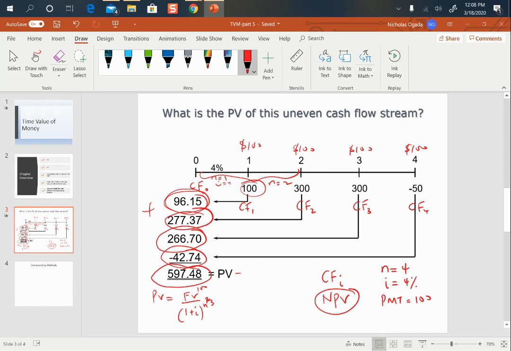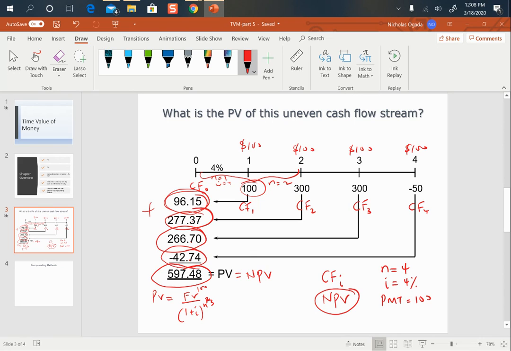And this is the same thing as saying this is the net present value, which is going to be a discussion for us later on in the course when we'll be looking at different methods we use to assess and value investment projects.